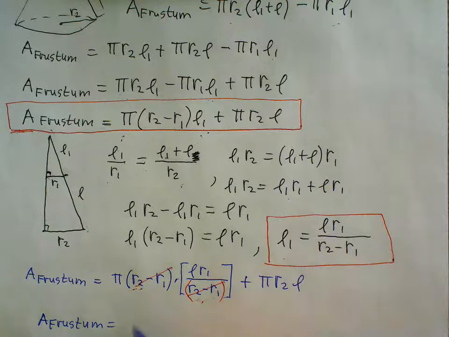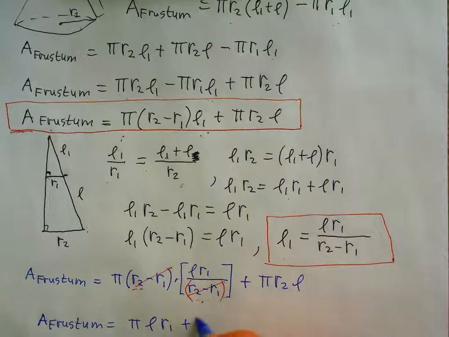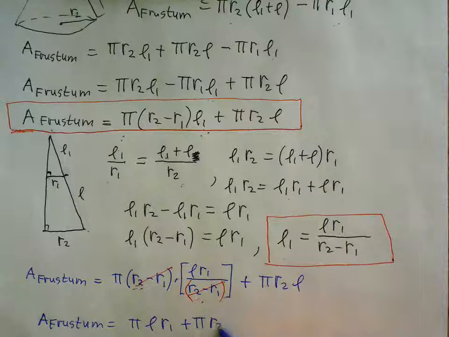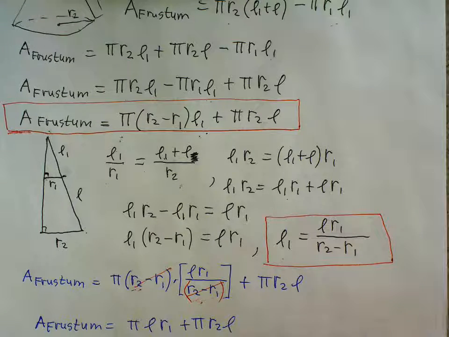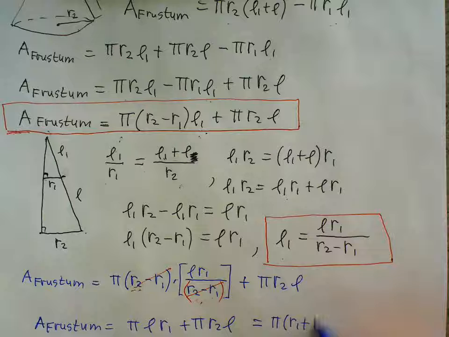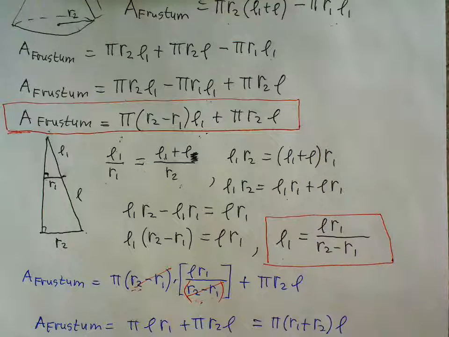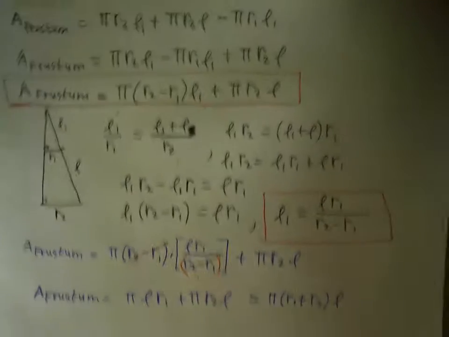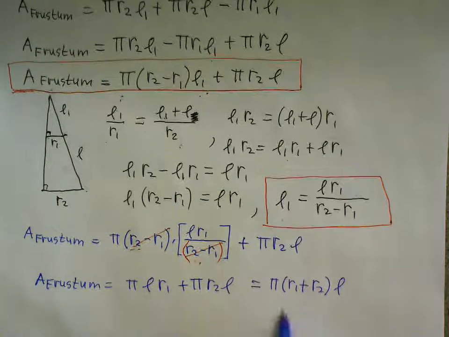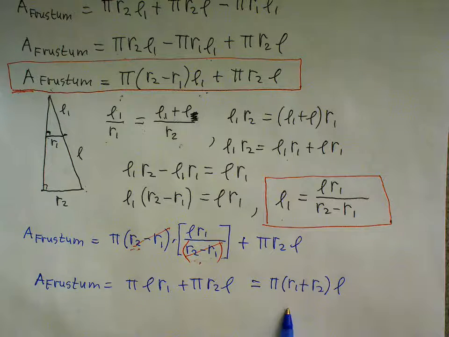So now we have pi times L times R sub 1 plus pi times R sub 2 times L. Since both terms have common factors of pi and L, we'll write this as pi times R sub 1 plus R sub 2 times L. Hey, this is a pretty nice formula for the lateral surface area of a frustum.